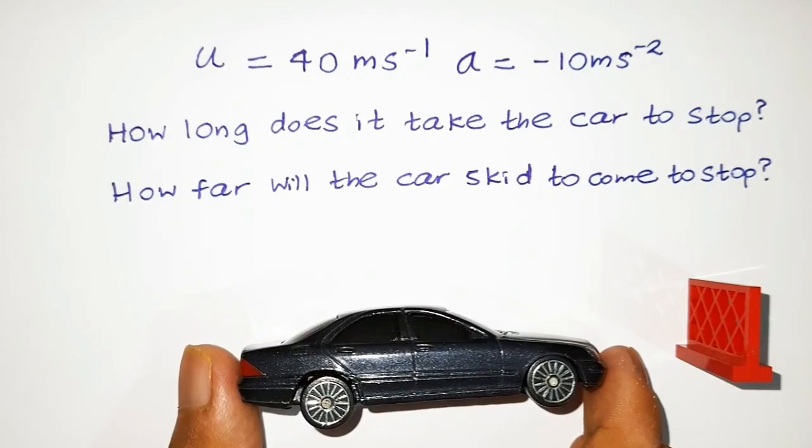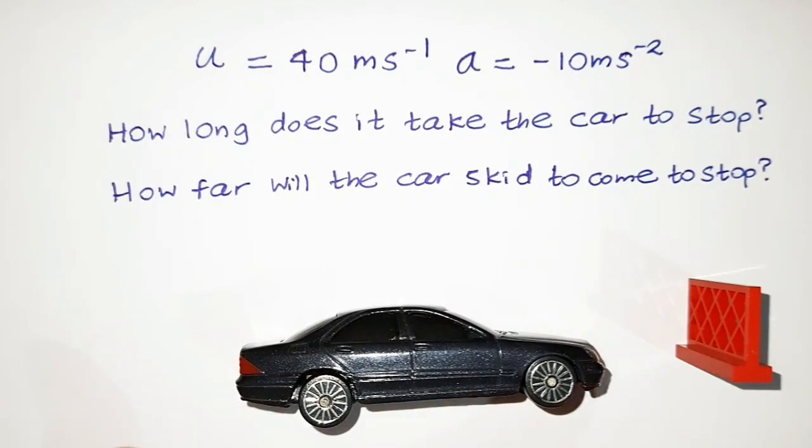So the question we have is, how long does it take for the car to stop after applying brakes, and how far will the car skid to come to a stop when it sees the barrier in front of it far away?